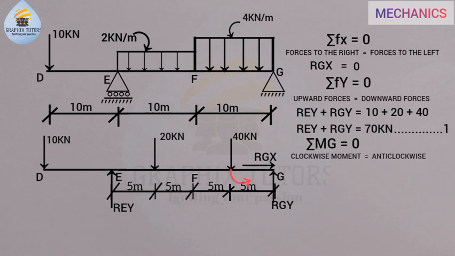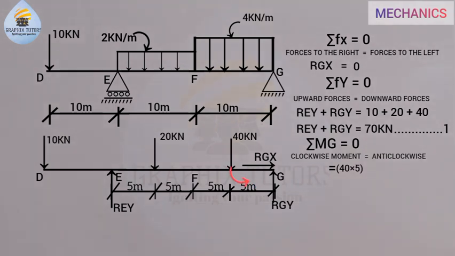So it will be the 40 times the distance from the point of 40 to the point of G, and that is 5 meters, just like you can see here. So I'm going to multiply the 40 times the 5. What you notice is anti-clockwise, so it will be on the anti-clockwise part here, which will be 40 times 5.